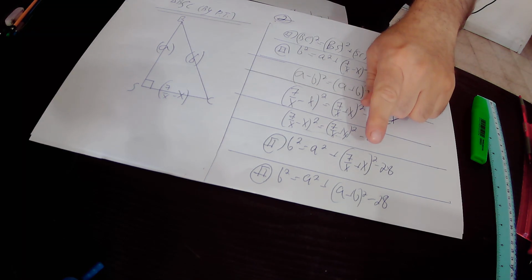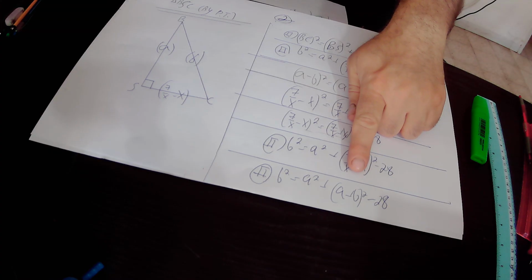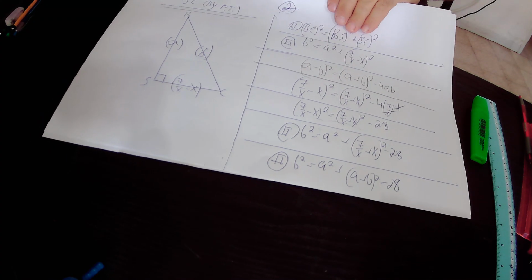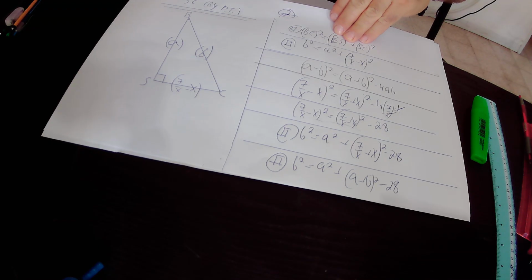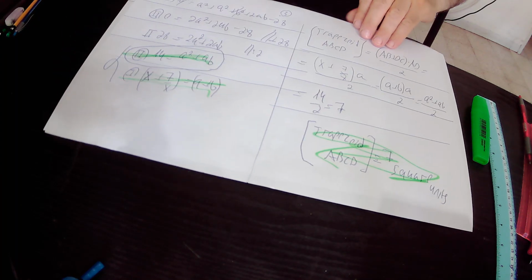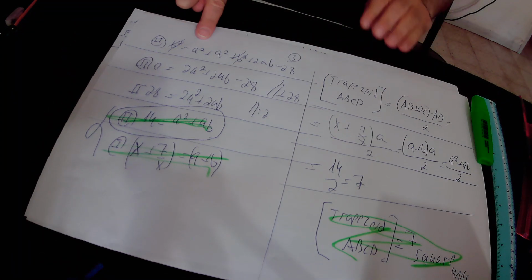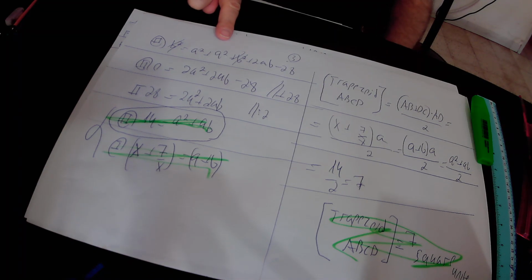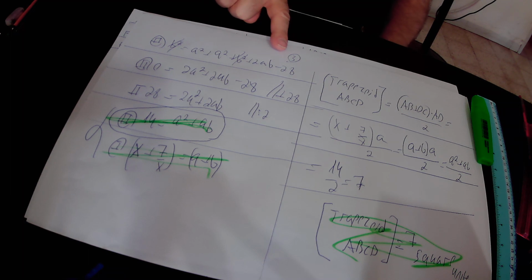Here we open the brackets of the expression (a plus b) squared, and finally found out that according to this equation 2, b squared equals a squared plus (a squared plus b squared plus 2ab), and we have to add also minus 28.